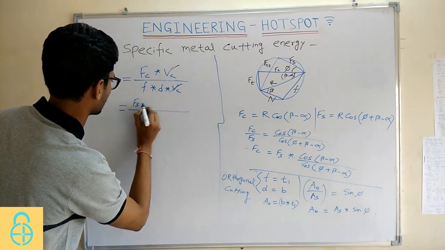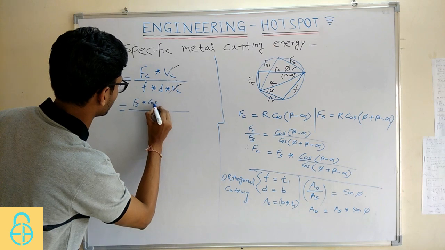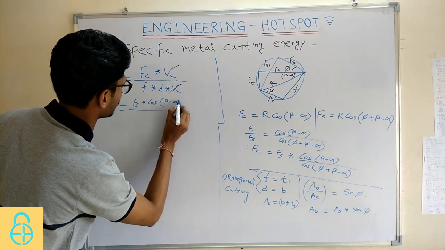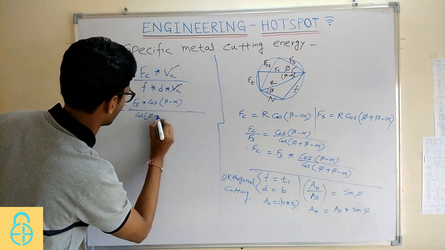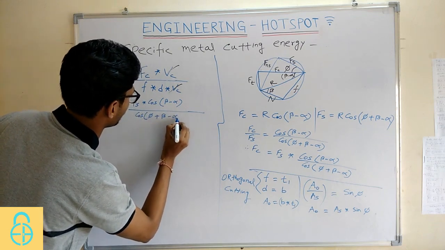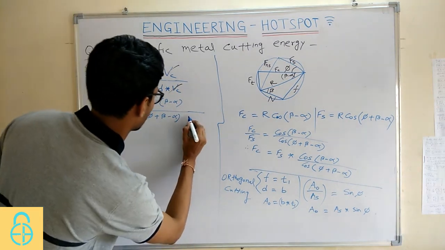This will be Fs into cos of beta minus alpha upon cos of phi plus beta minus alpha. Okay.